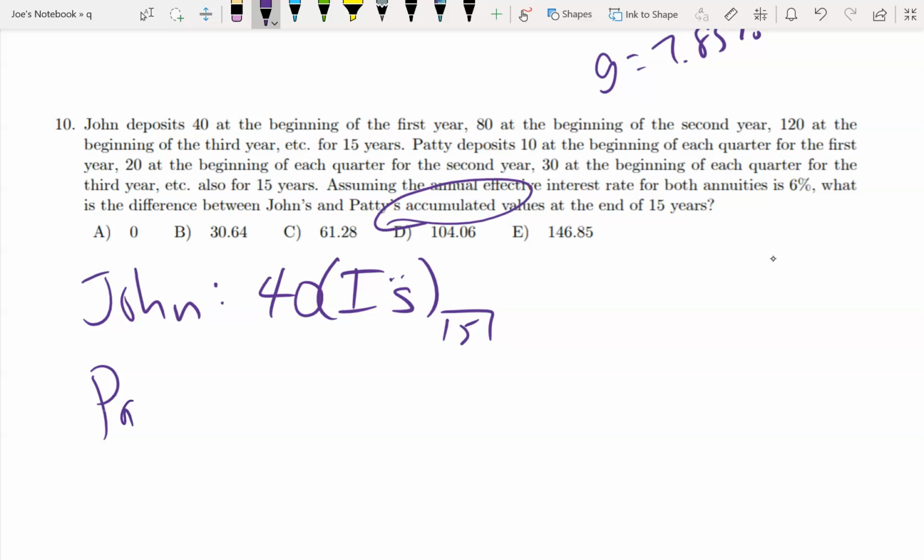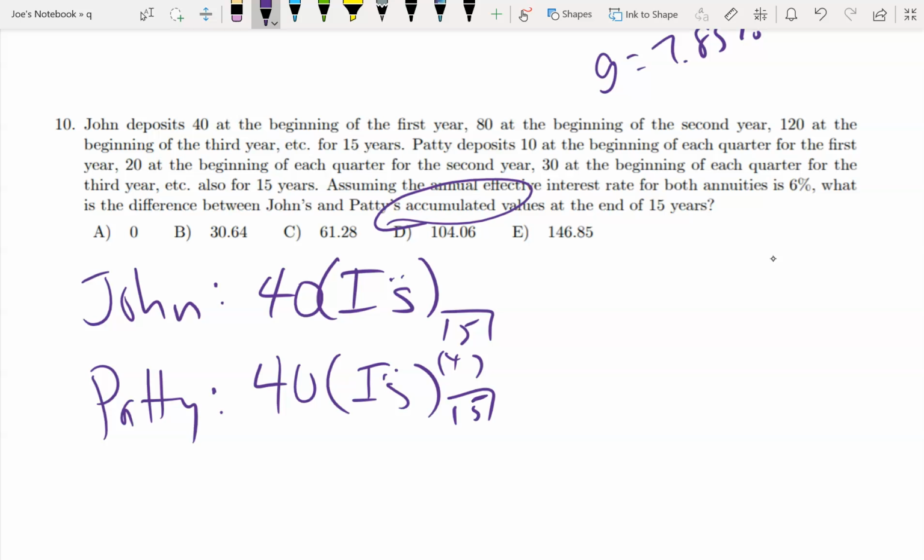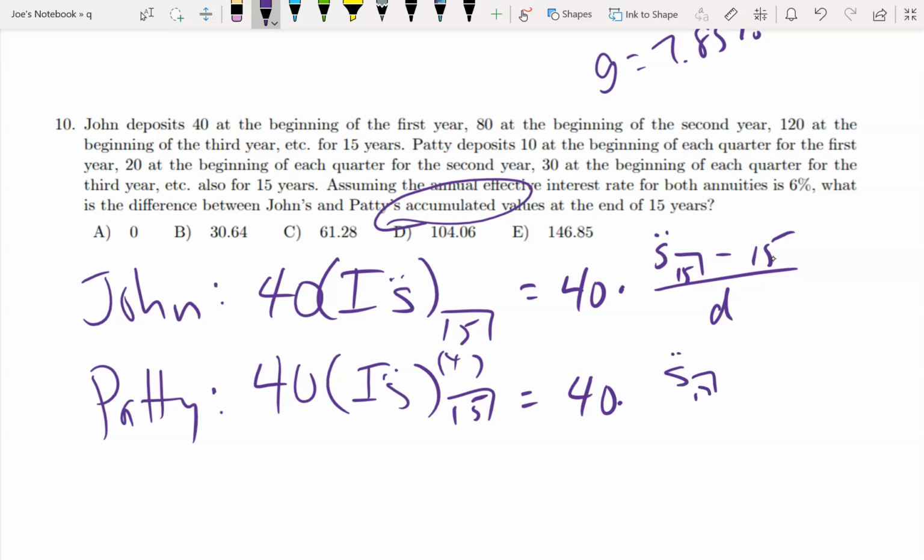Patty's is 40 IS double dot 4, 15. This one is 40 times S double dot 15 minus 15 over d, right? Versus this one is 40 S double dot 15 minus 15 over d4.